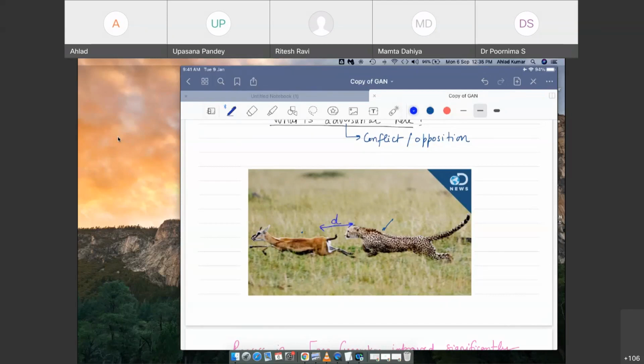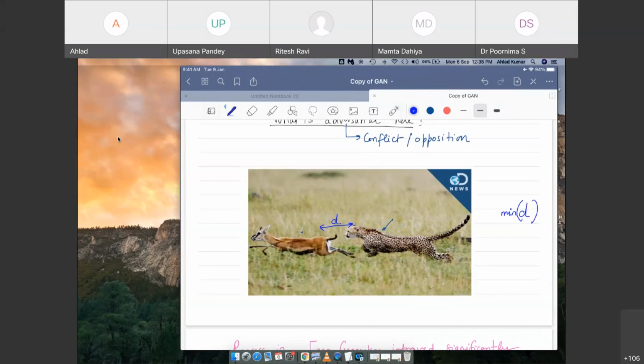Let us call this D. The opposition is in the sense that the cheetah wants to minimize this D. The cheetah wants to minimize the distance between the two, because obviously it wants to eat the deer, so that's why it's trying to minimize the distance.